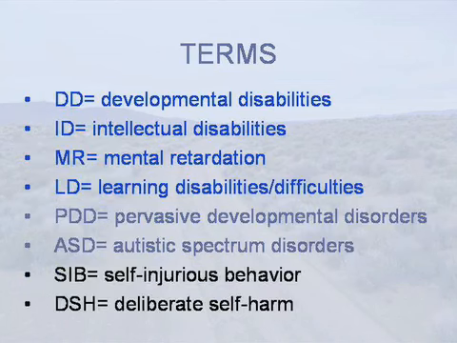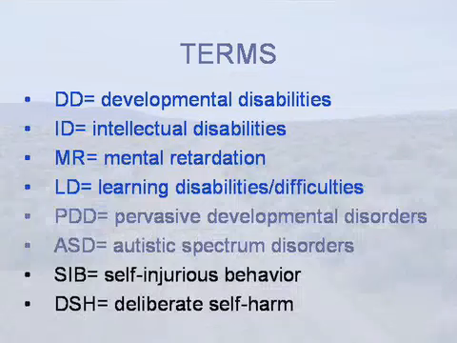The terms that we're all familiar with, but just to review, are DD, meaning developmental disabilities, ID, intellectual disabilities, MR, mental retardation, and LD, learning disabilities. Now, in the United States, LD usually means things like reading disorder or mathematics disorder, but in the UK, it's very common for that to be synonymous with DD, ID, or MR. We're also familiar with PDD, pervasive developmental disorders, or more commonly nowadays referring to that spectrum as the autistic spectrum disorders, or ASD.